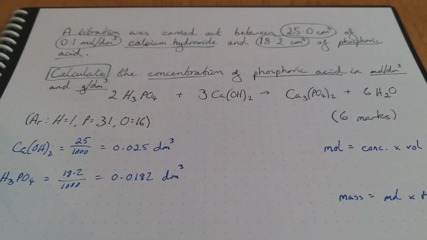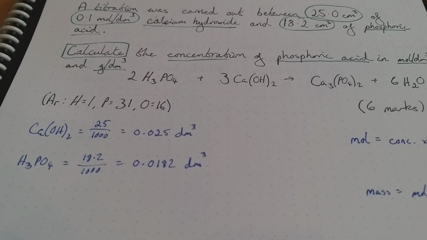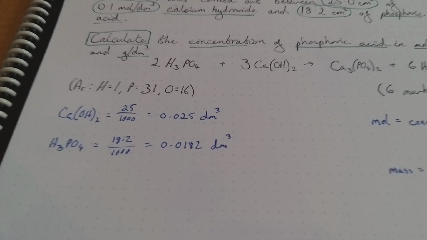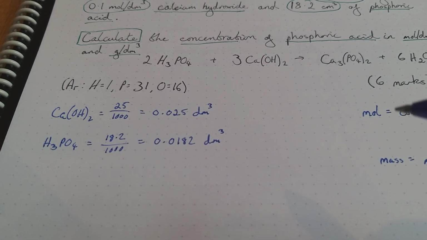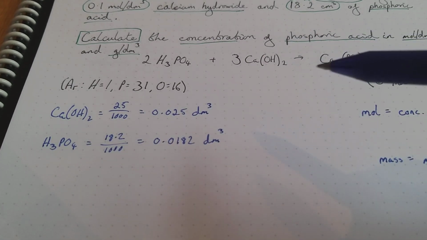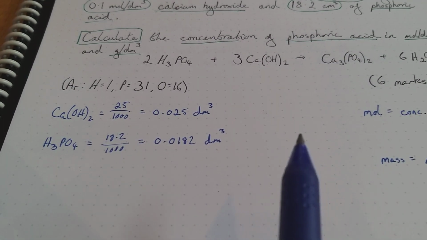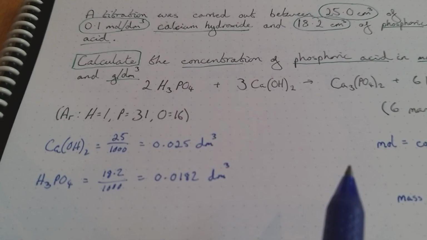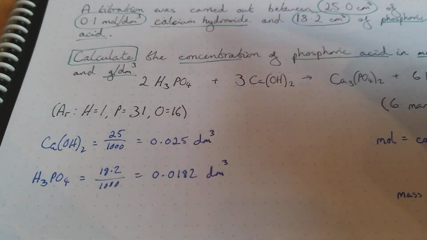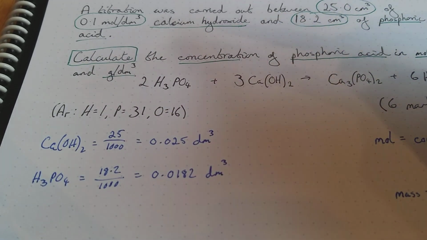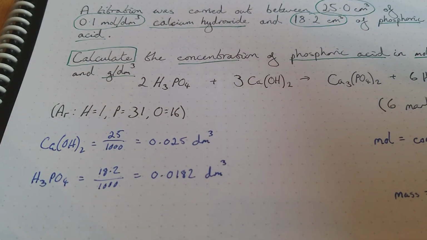So we've got the conversions out the way. The next step is we need to work out the number of moles of one of our substances. Now, which one do we start off with? Well, there's only one chemical that we know both the concentration and the volume of, okay, and that is the calcium hydroxide, because it's 25 centimeters cubed and it's 0.1 moles per dm cubed.